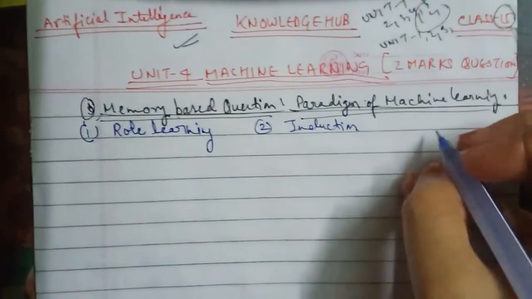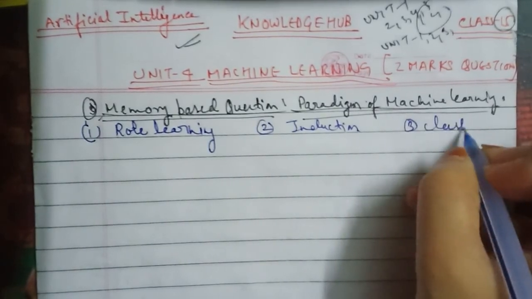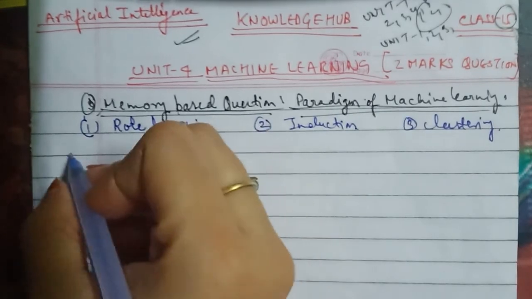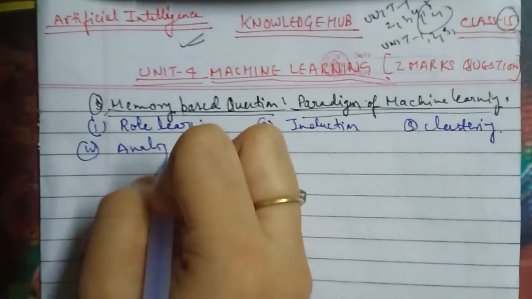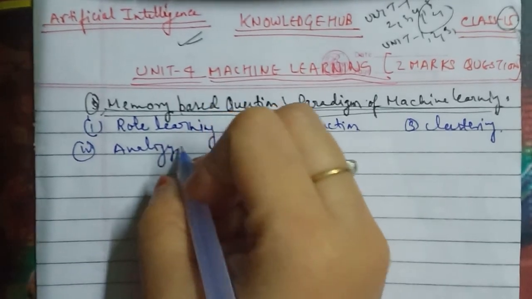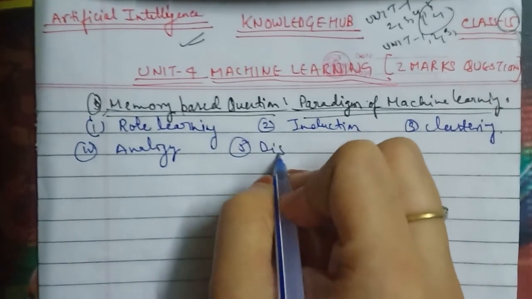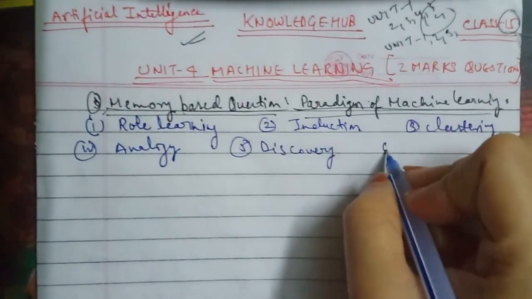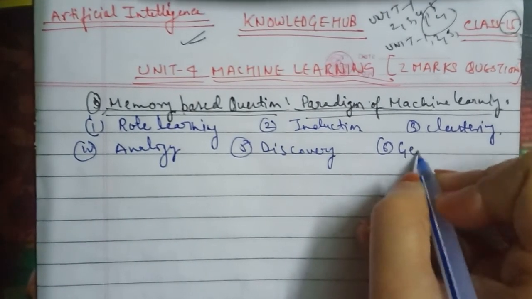The third we have is clustering. The fourth we have is analogy. The fifth we have is discovery. The sixth we have is genetic algorithm.